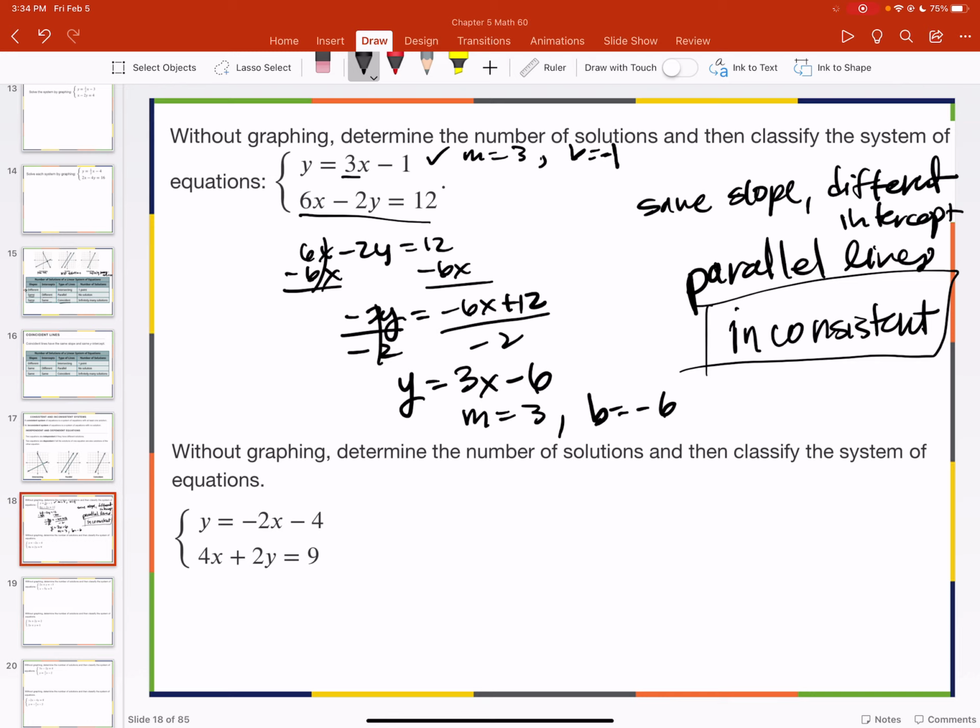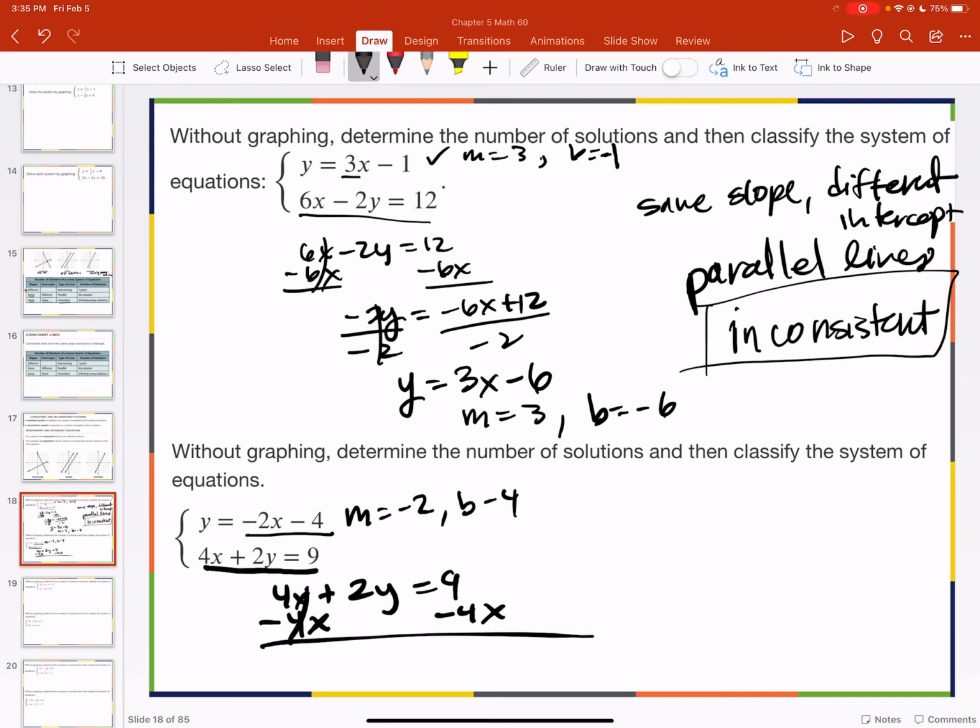So we have y is equal to negative 2x minus 4. That's already there. So the slope for this is negative 2. The y-intercept is negative 4. Then we have 4x plus 2y is equal to 9. Let's put that in y equals mx plus b form. Subtract 4x from both sides. You get 2y is equal to negative 4x plus 9.